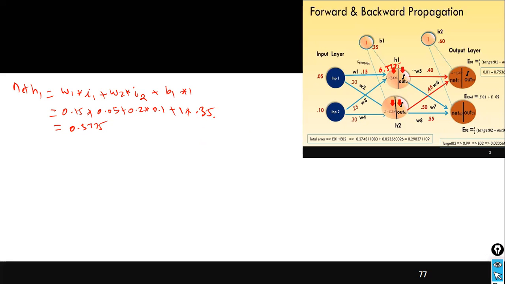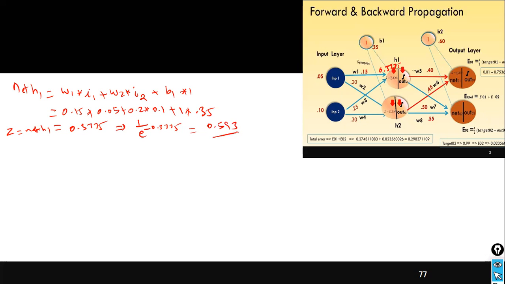And then the next step is we need to use the activation function. This is the value of your net H1, which is nothing but z. Now we need to apply the activation function on this z value. When you apply it, 1 divided by e to the power negative 0.3775, and 0.593 something will come.